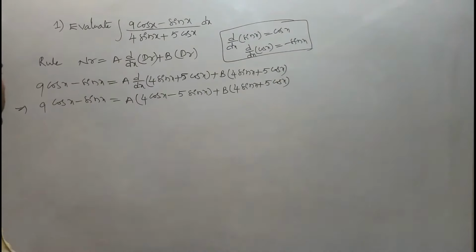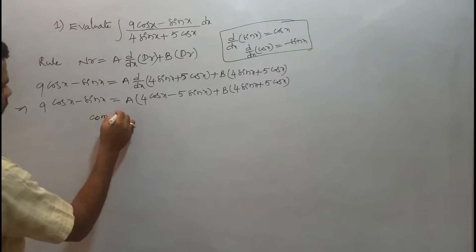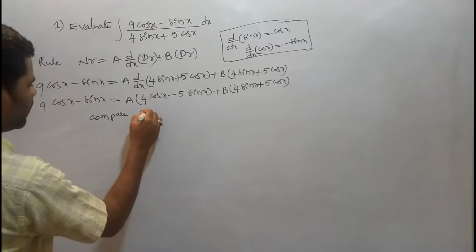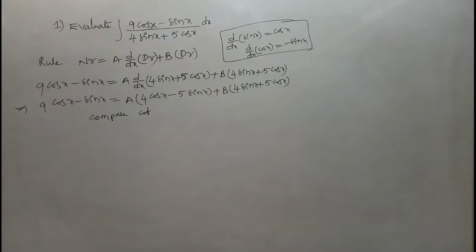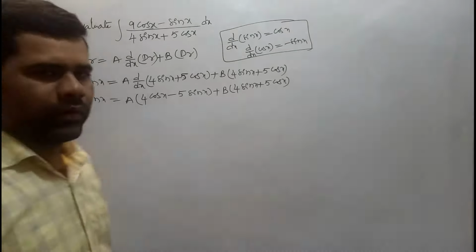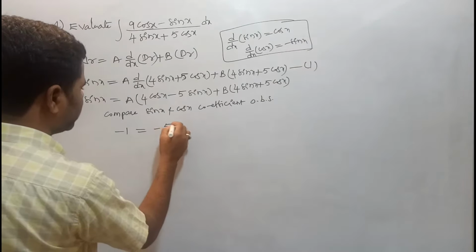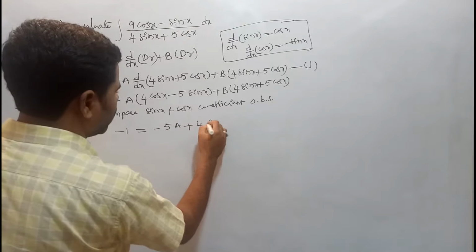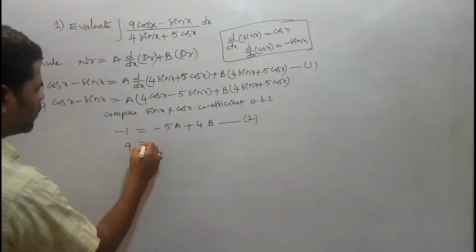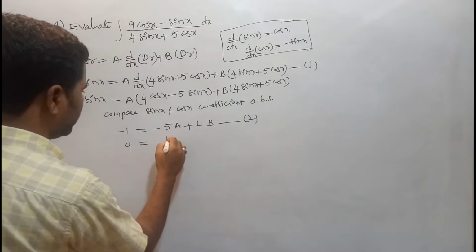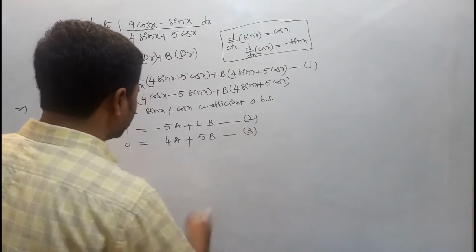Now comparing on both the sides, minus 1 is equal to minus 5a plus 4b. This is equation number 2. 9 is equal to 4a plus 5b. This is equation number 3.